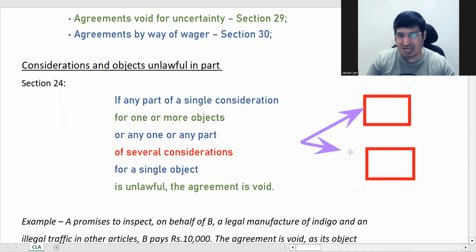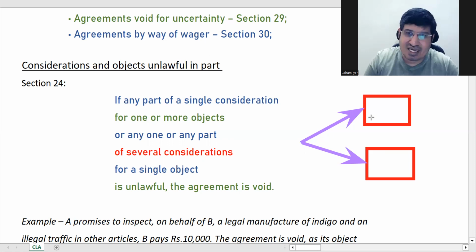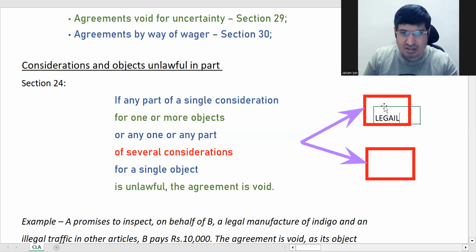The other is being constructed for some illegal business, and the contractor also knows it will aid your illegal business. So this one is legal and this is illegal.